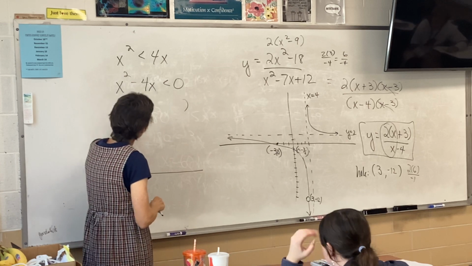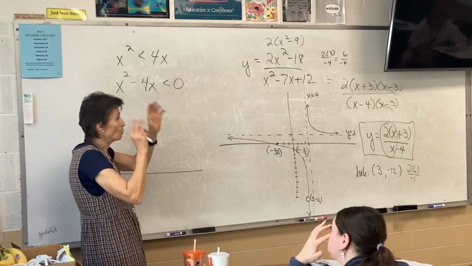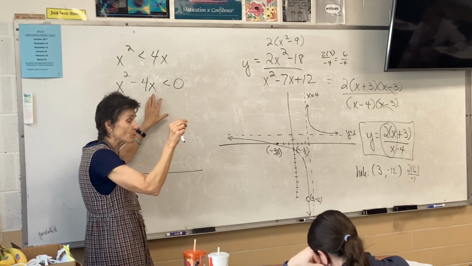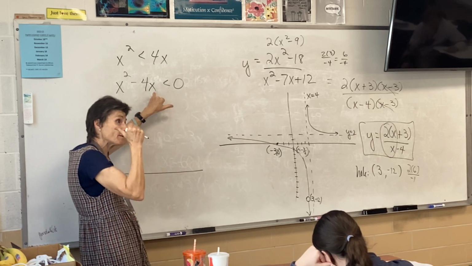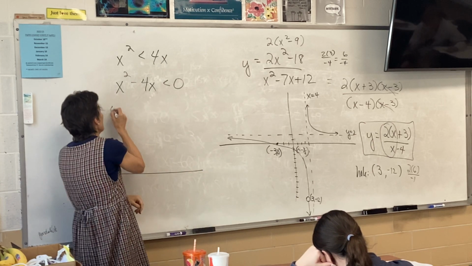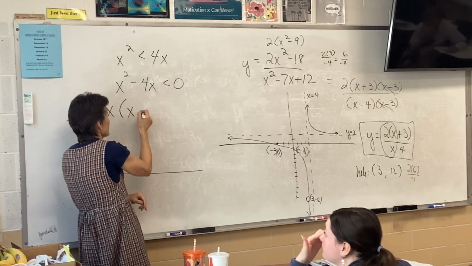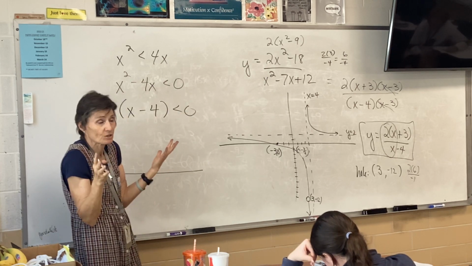Boys and girls, think about it: you want to factor this as X plus 4, X minus 4, but you can't because of that X right there, so get rid of it. Pull it out. What am I left with if I take out an X? X minus 4. That doesn't factor, that's done, I'm finished.